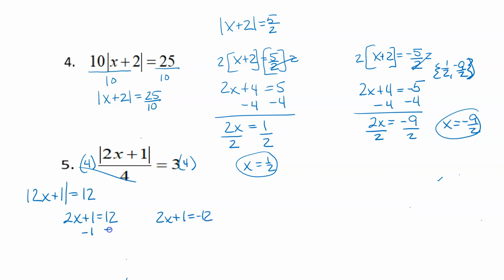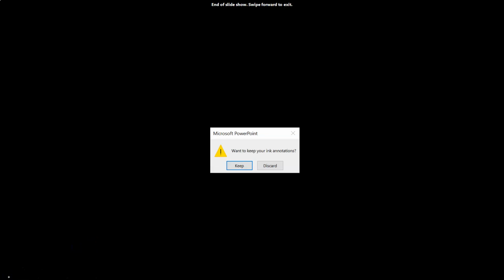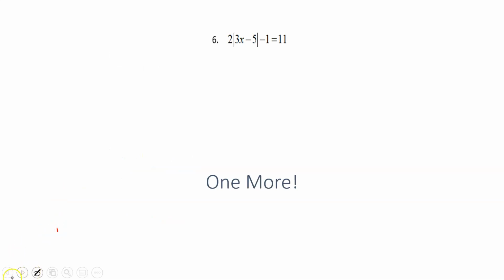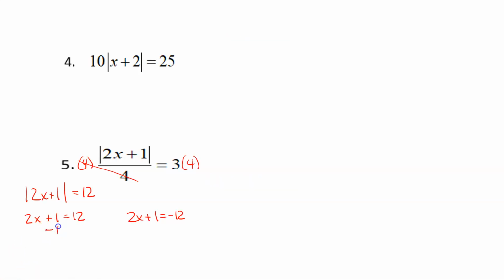I'm going to subtract 1. So I have 2x equals 11. Then you're going to divide each side by 2. So I have x equals 11/2. Here I'm going to subtract 1.